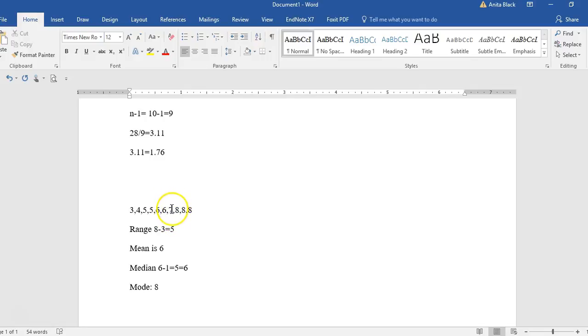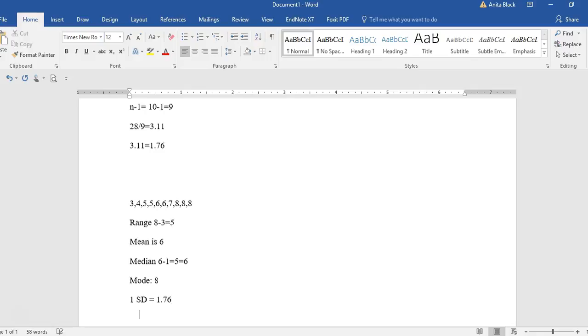So one deviation from the mean is going to be 7.76. Two standard deviations would be doubling 1.76. So 1 standard deviation is equal to 1.76.